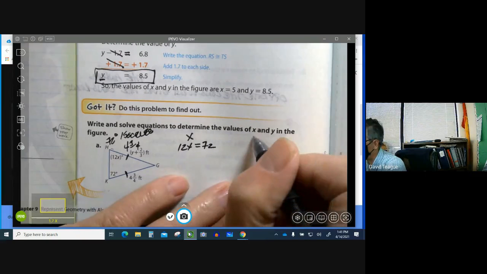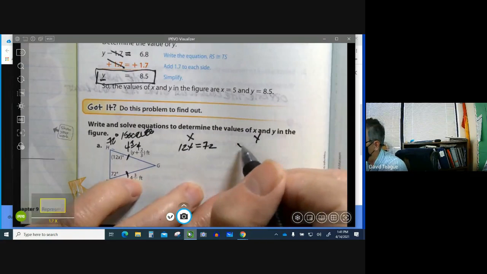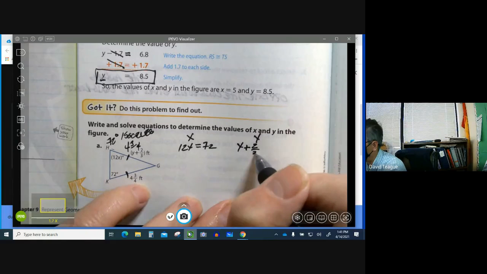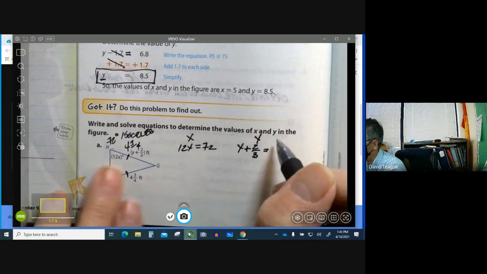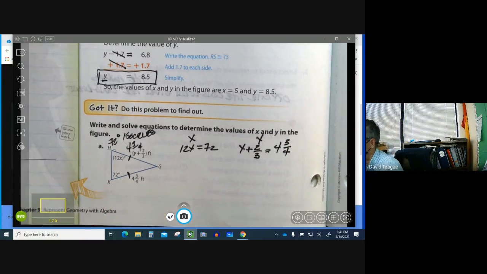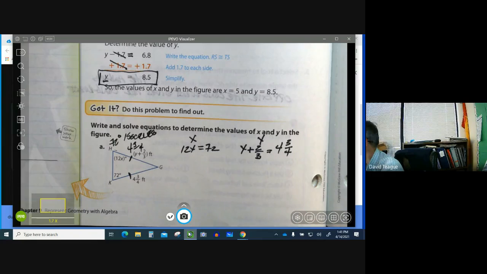Now let's figure out how we're going to get y. So y plus 2/3 is equal to 4 3/4. Okay, so we have our expressions. Now we just have to solve for x and solve for y.